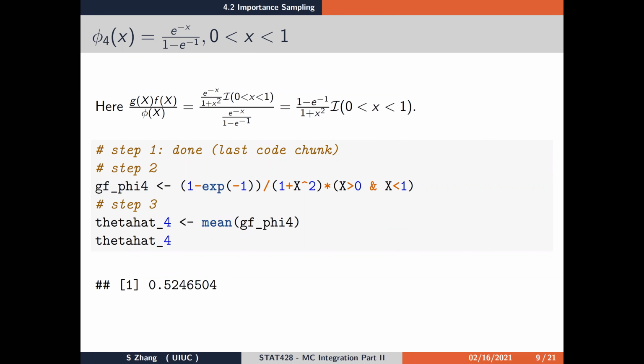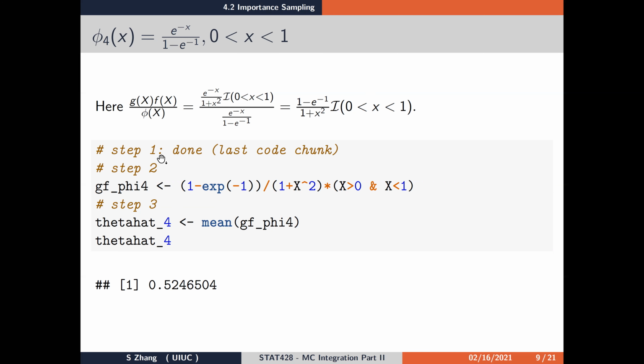So when phi 4 is equal to this, we can see that g x times f x divided by phi 4 of x is equal to this ratio over here. You can see some things on both ends cancel out, and the result will be 1 minus e to the negative 1 power divided by 1 plus x squared times the indicator function. We have already done step 1 in the code on the last page. So our x samples are already obtained.